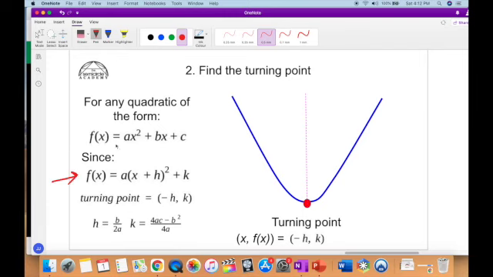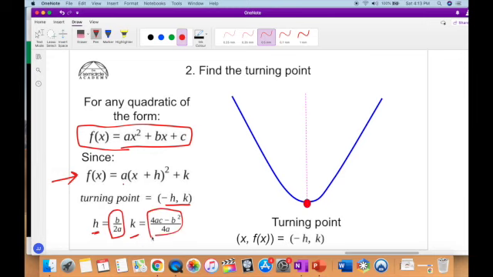Once you take the quadratic equation and put it in the form a(x plus h) squared plus k, the turning point is actually (minus h, k). So if you want to find the turning point, you find h, which is b over 2a, and you find k, which is that.